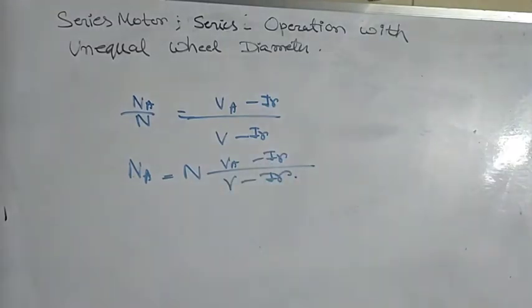Now, since VA, VB can be obtained by using this equation, hence NA and NB can be obtained.